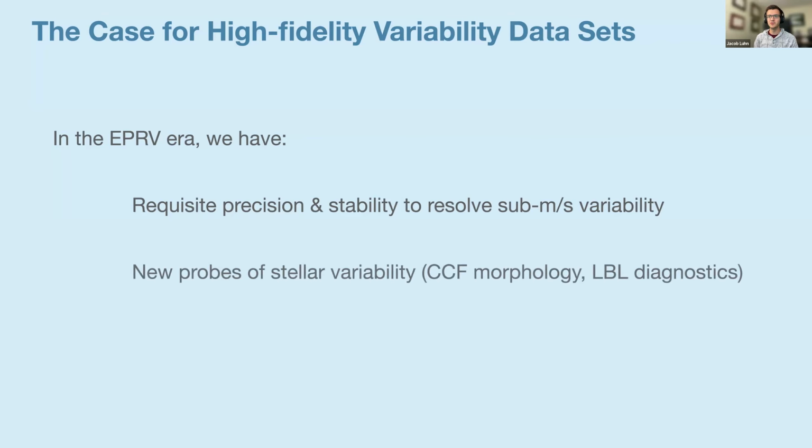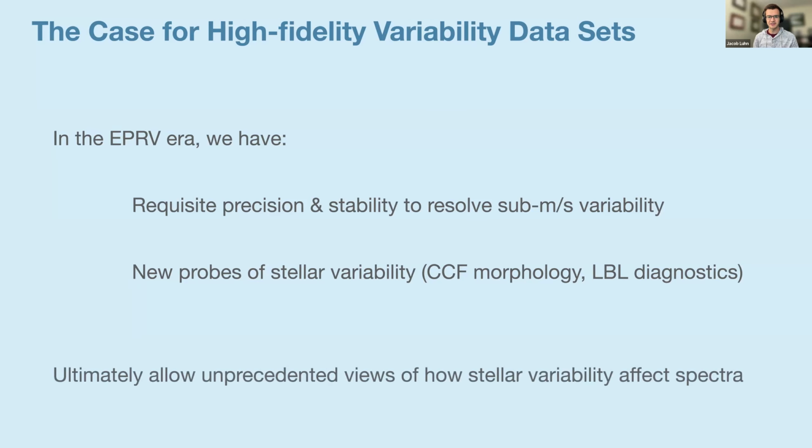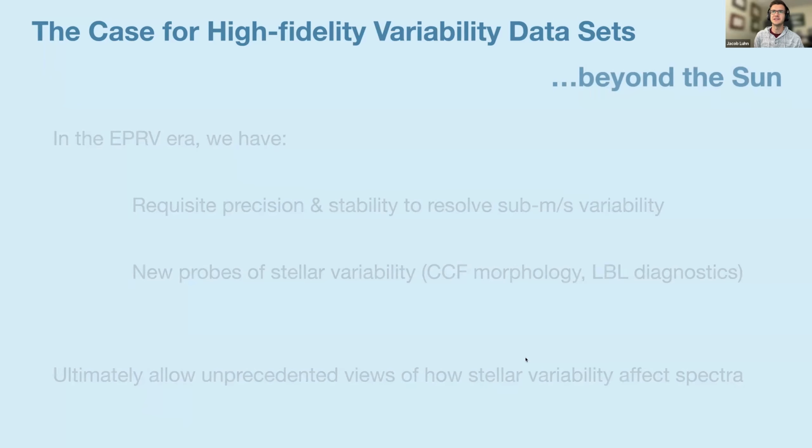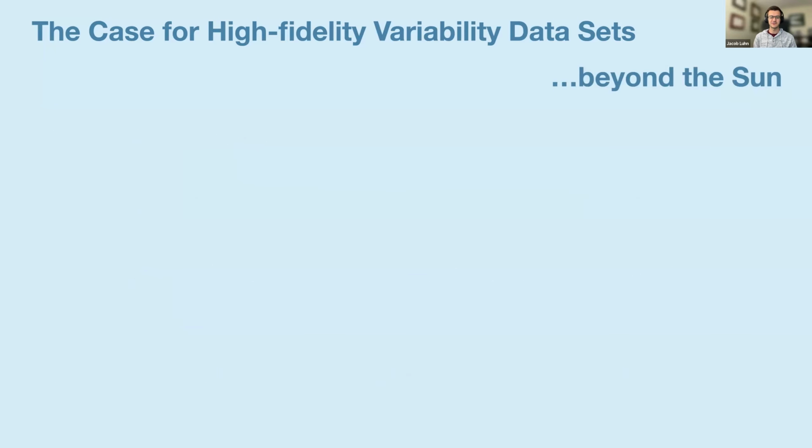And along with that come new probes of stellar variability, things like line by line radial velocity techniques that just give us a different view of what's happening in the stellar spectrum. And again, this ultimately lets us probe these sources of stellar variability in new ways. And I'll specifically want to address the fact that we do have these high fidelity data sets for the sun.